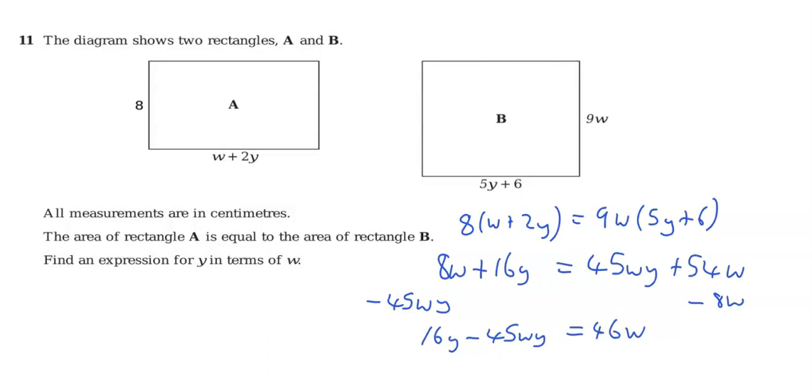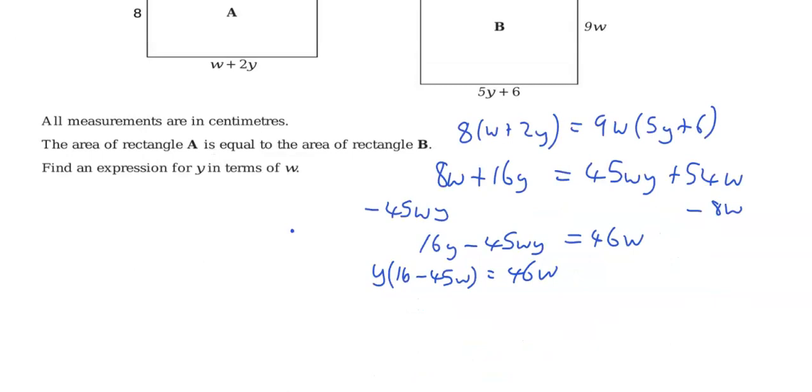And now I need the Y written in only one position because I want Y equals. At the moment it's in two positions. And so I factorize. And I get Y, lots of 16 minus 45W, equals 46W. And so if I divide both sides by the stuff in the brackets, I get Y equals 46W over 16 minus 45W.